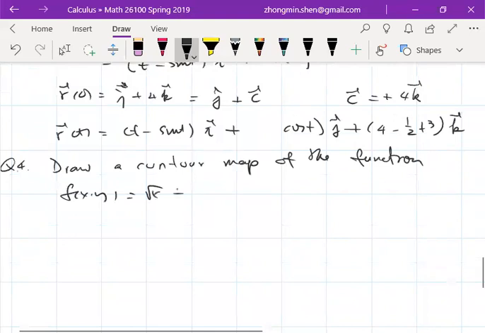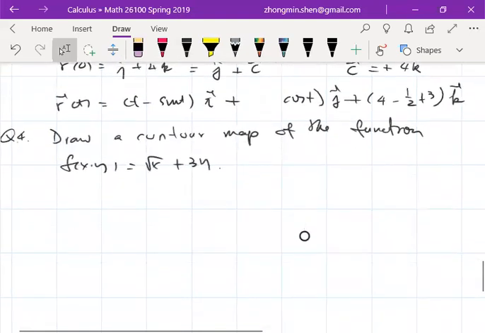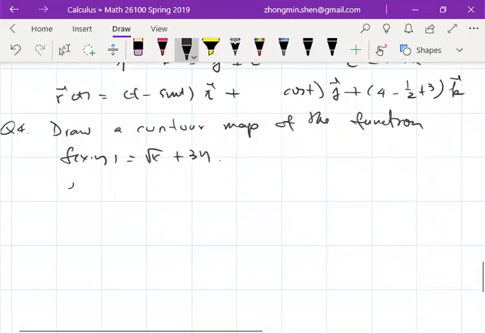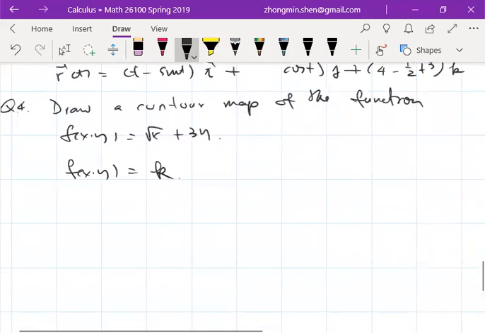When you draw the picture, when you say several level curves, it means minimum 3. You cannot just draw 1 or 2. Okay, so the equation is going to be like that. Draw the curve for different values of k.